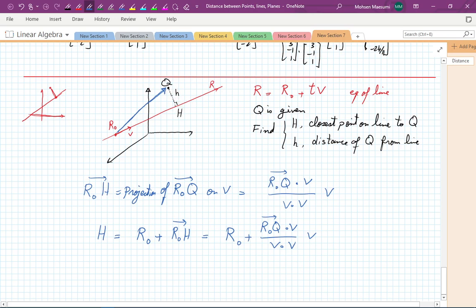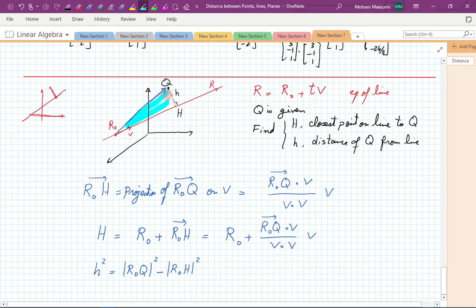Well, how do I find the length of this distance from Q to H? We are going to use the Pythagorean theorem. We are going to say h squared is R0Q squared minus R0H squared. Is that right? Here we have a right triangle.